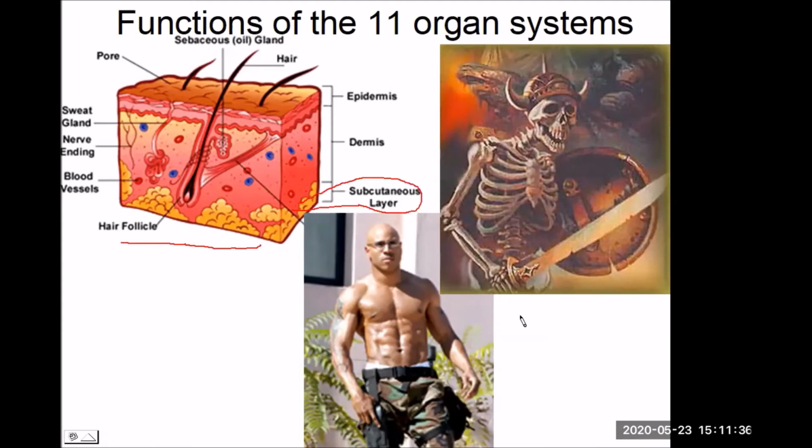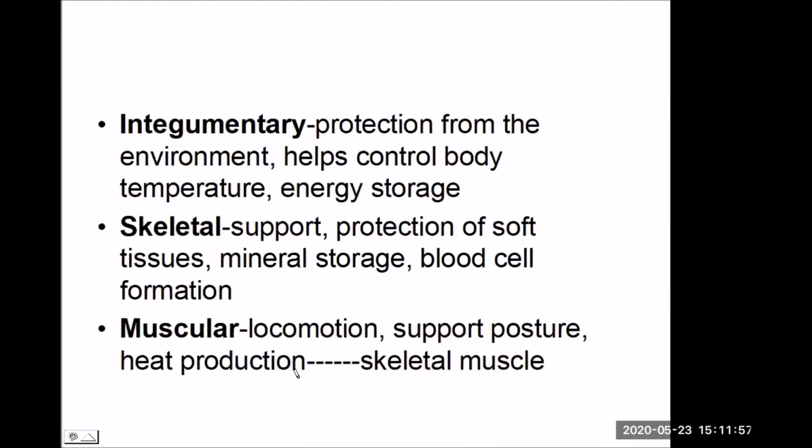So the other 10 systems are contained within or attached superficially onto our skeleton. And the muscular system, our muscles, of course, allow us to then move our body so we can bend and flex our joints and move our body. And muscles give off heat as well. So we could spell that out here.